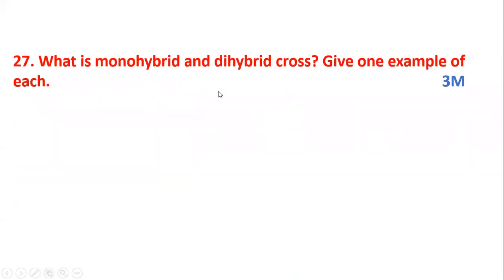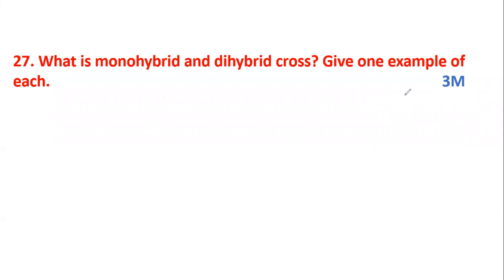27. What is monohybrid and dihybrid cross? Give one example of each. Yes, monohybrid and dihybrid. Do you remember that, inheritance under the heredity chapter? Mendel had explained about the F1 generation plants and F2 generation plants by taking a pea plant as an example.